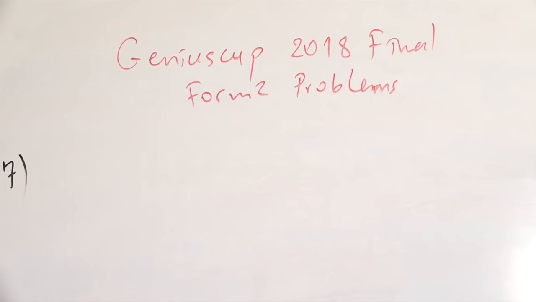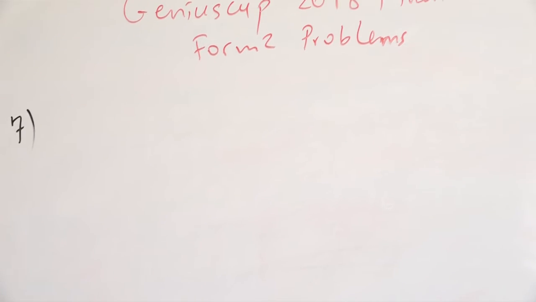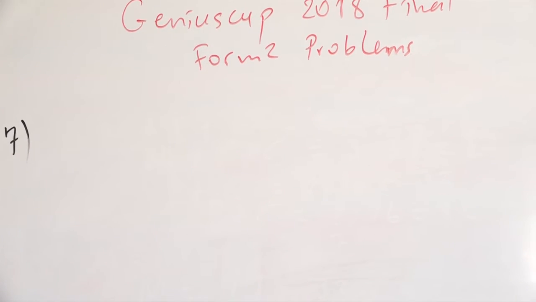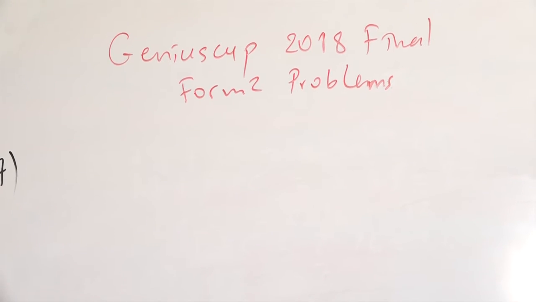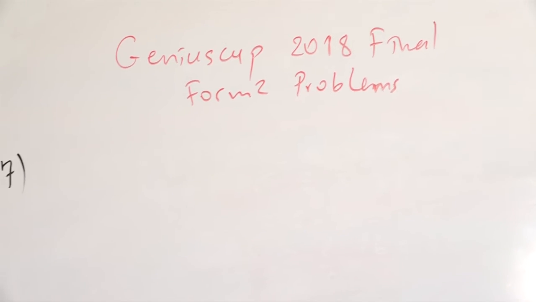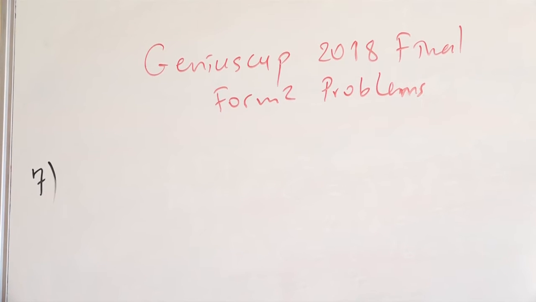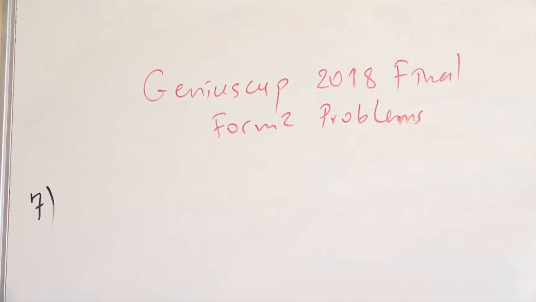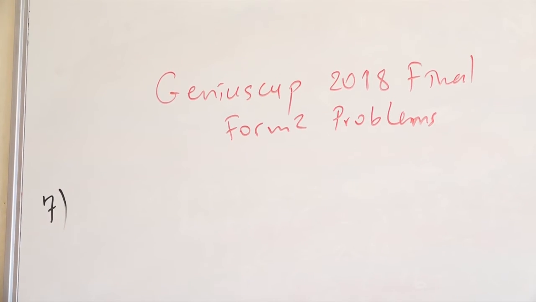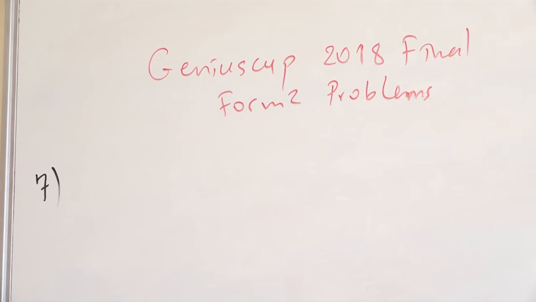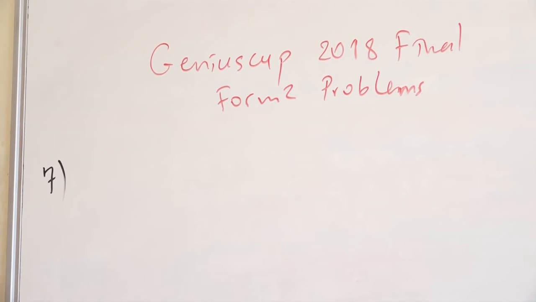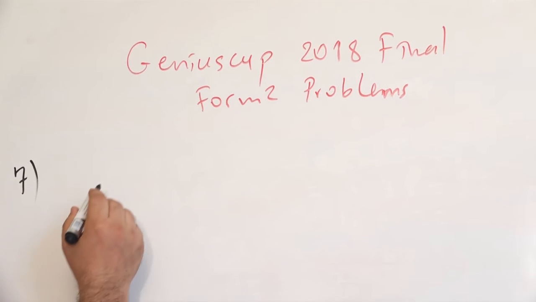So this question says Senya can address a pile of envelopes in 4 hours. So Senya will put the papers inside or write something on the envelopes. It will take 4 hours. Jane can address the same pile of envelopes in 6 hours. So we can write like this.